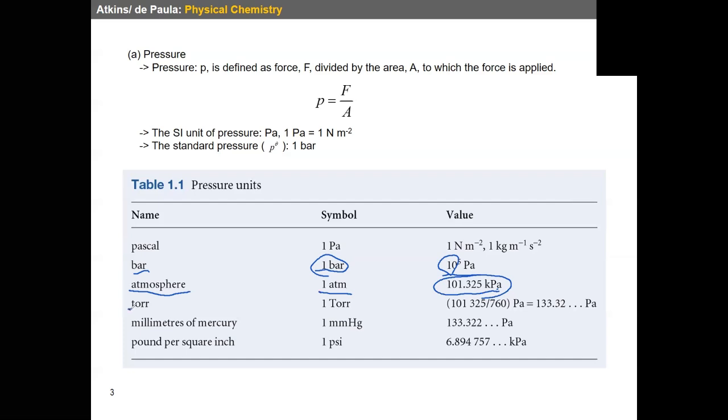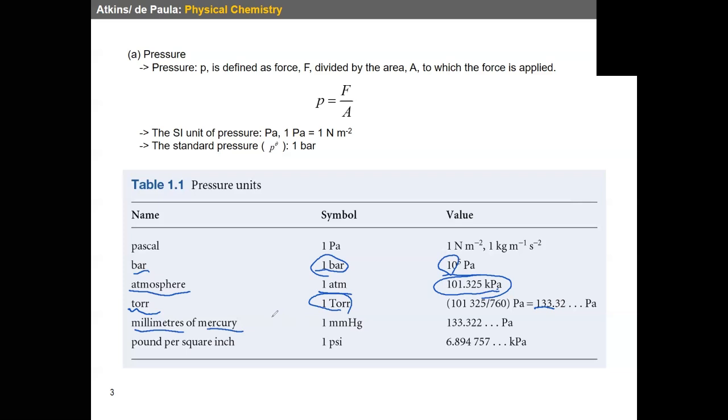Okay, so the other thing is torr. This torr is widely used for some kinds of vacuum systems. One torr is about 133 pascals. There is also the pressure unit millimeters of mercury.